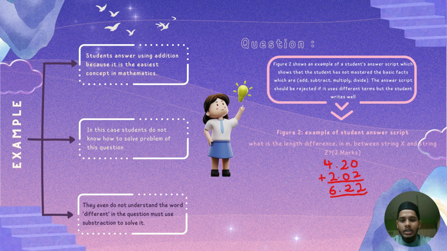In this case, the student does not know how to solve the problem, because, like I said, they don't really understand what the question wants. So they only use what they know, which is addition, to answer this kind of question.